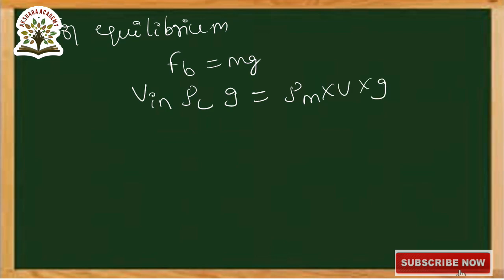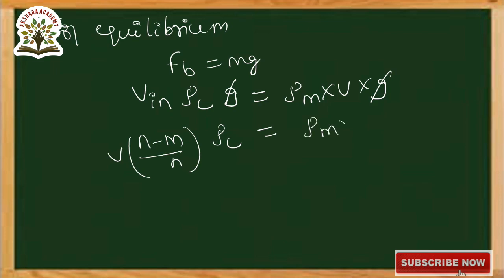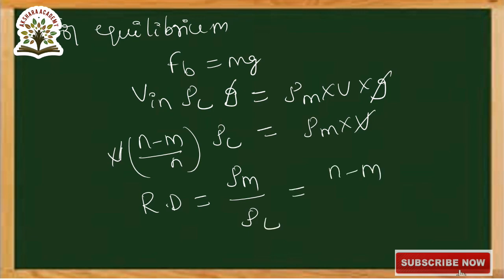Here m is represented as density into volume. This g gets cancelled. V in is V into n minus m by n, into rho L, the density of the liquid. Here rho m into V gets cancelled. So the relative density Rd is equal to rho m by rho L, which is n minus m by n.